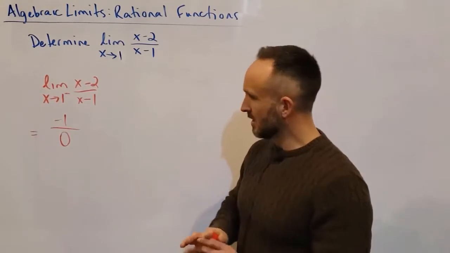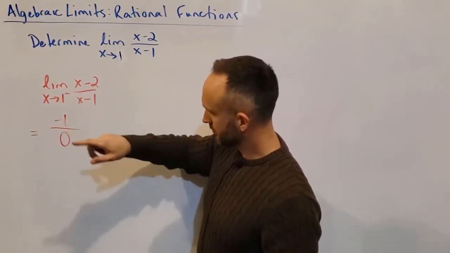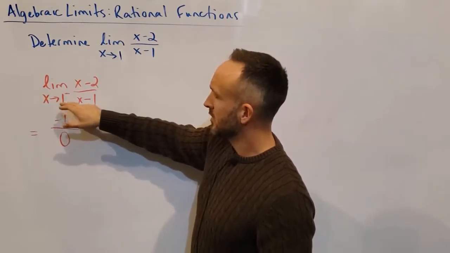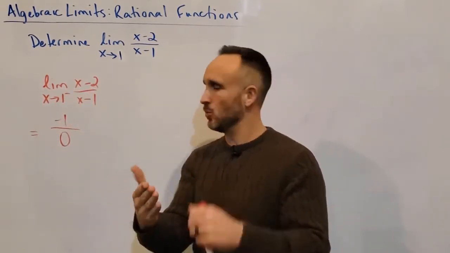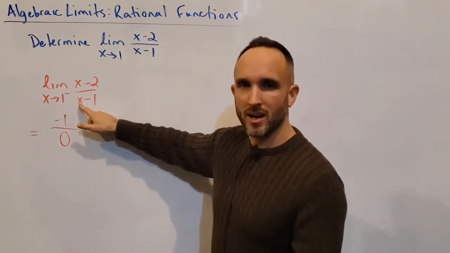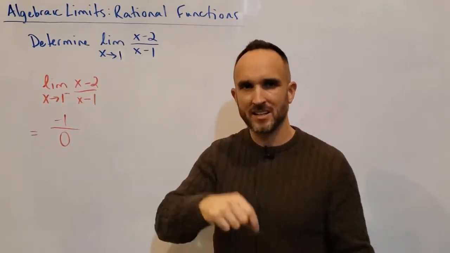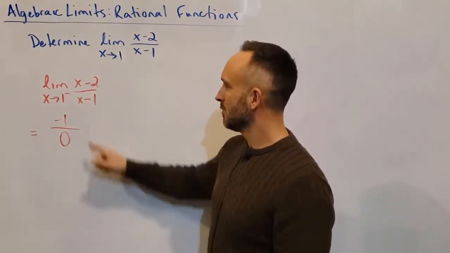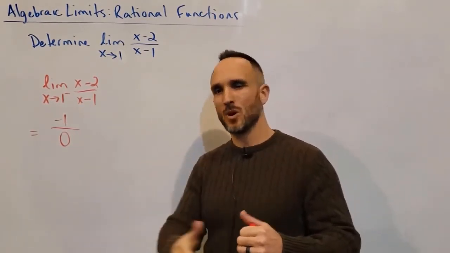But we're not actually plugging in 1. We're looking at the behavior whenever x is slightly less than 1. So you can imagine anything slightly less than 1, 0.9 for example. 0.9 minus 1 is negative 0.1. 0.99 minus 1 is negative 0.01.